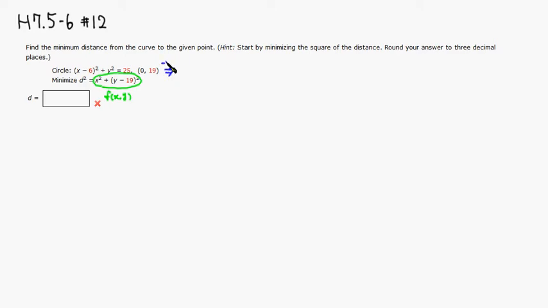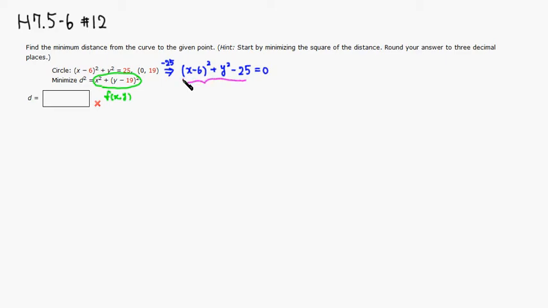by subtracting 25, we have quantity x minus 6 squared plus y squared minus 25 is equal to 0, right? So this is our g of x comma y.